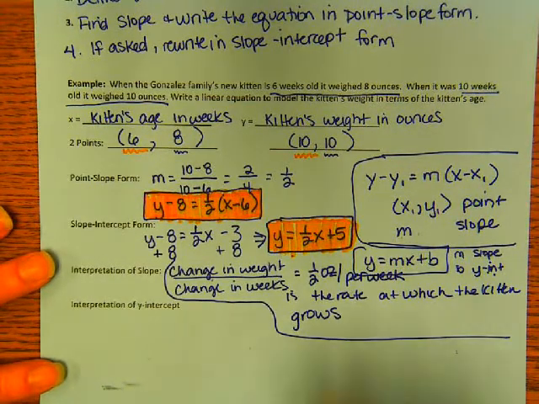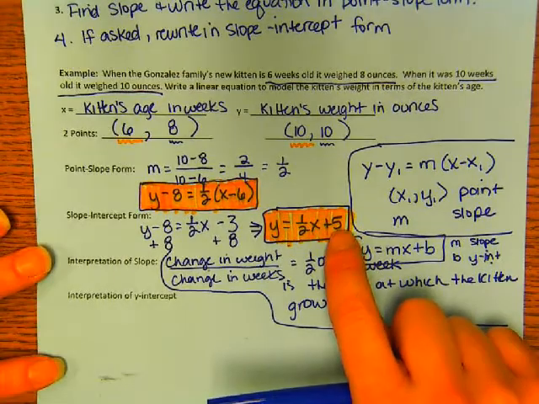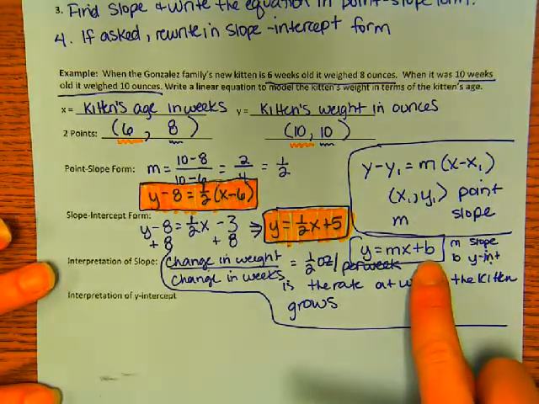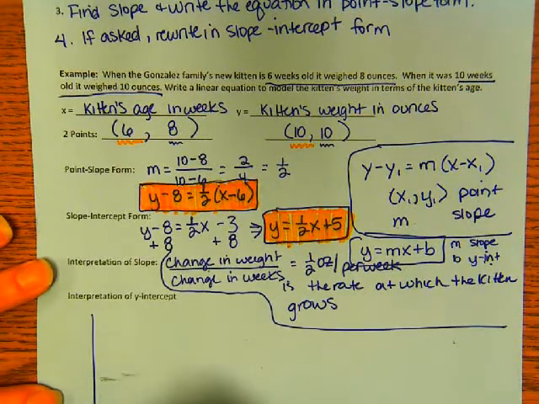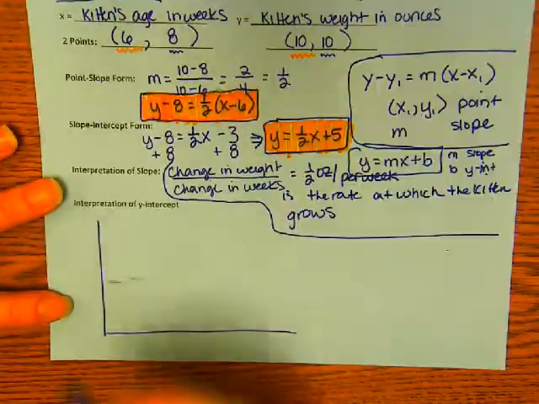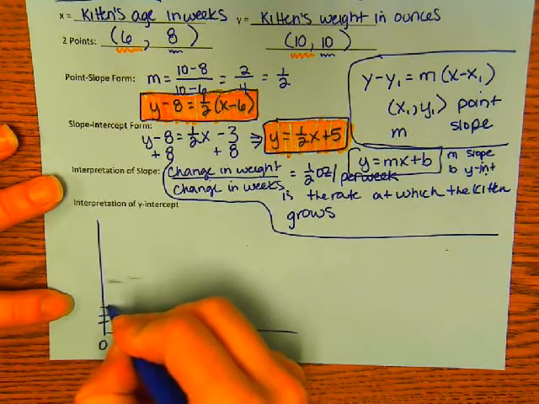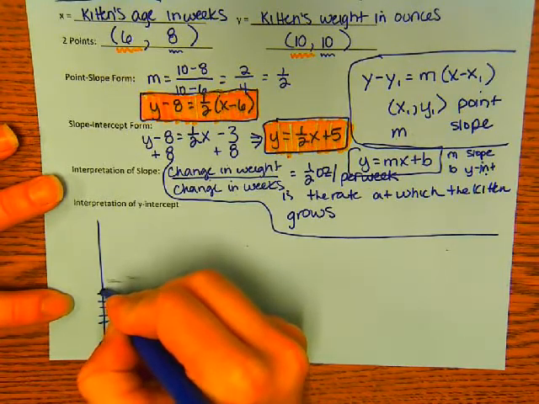And b, hopefully you remember from back when we did slope-intercept form, is the y-intercept, which means that it's our initial value. So this would be at week 0, which would be when the kitten was born. Graphically, it would look like that.